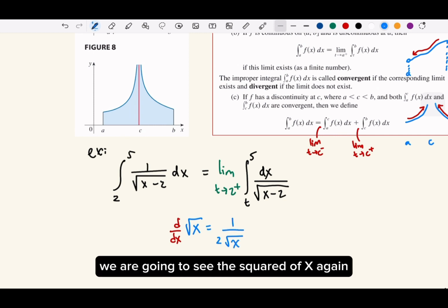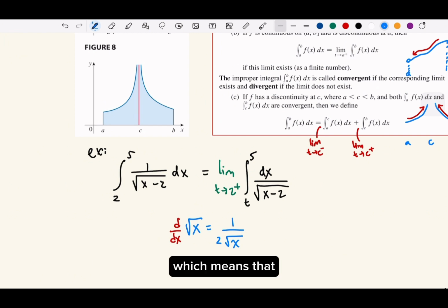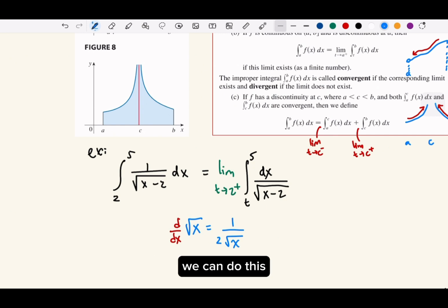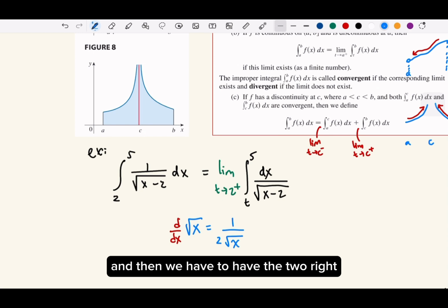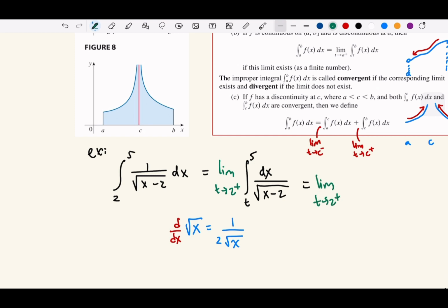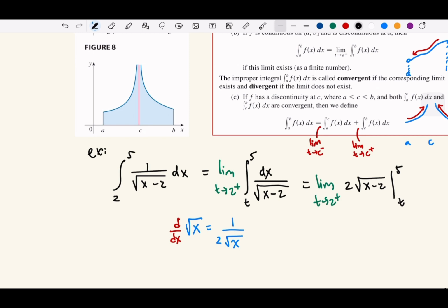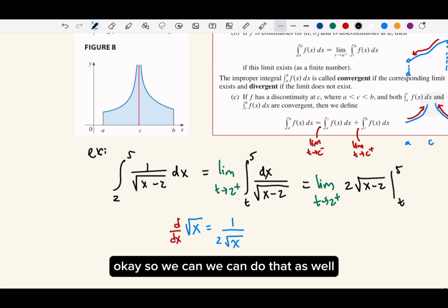So we are going to see the square root of x again, which means that if we want to reverse the process from here to here, which is the integration, we can do this, and then we have to have the 2, right? So we need to multiply by 2. Do you get my idea? So I can get this directly, right? 2 square root of x minus 2, and then dx. Do you get it? Okay. So we can do that as well.